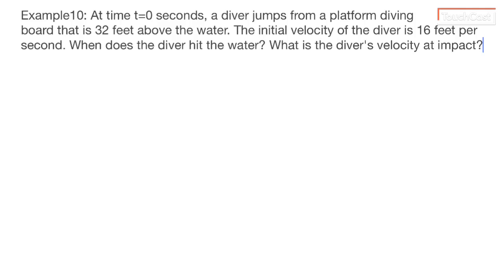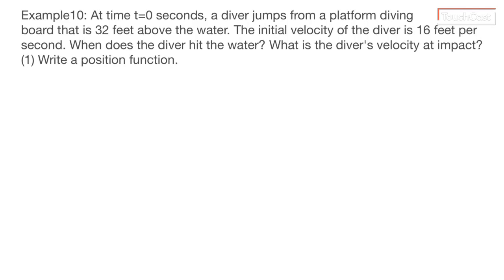So we're going to do a few different things in here. The first one is we're going to write a position function. We're going to use that format from the last slide.